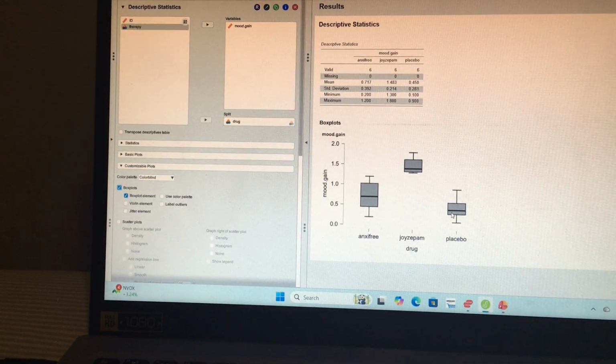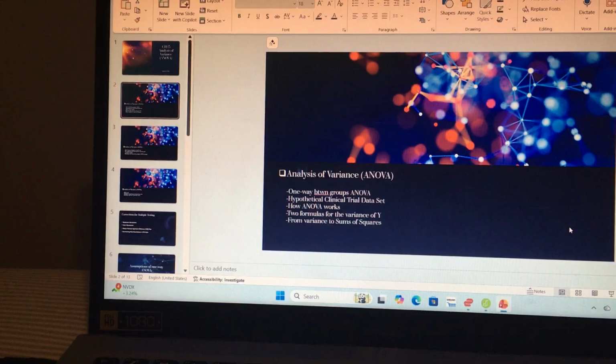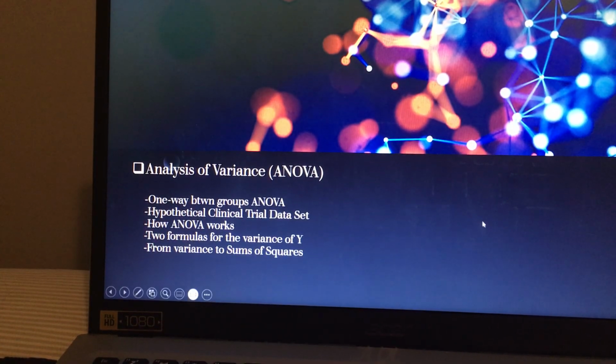So we're moving to the bottom of page 2. We're in section 13.2, how ANOVA works. All right, so let's go here. Right, so we're in our analysis of variance, and now we're looking at the third bullet here, right?